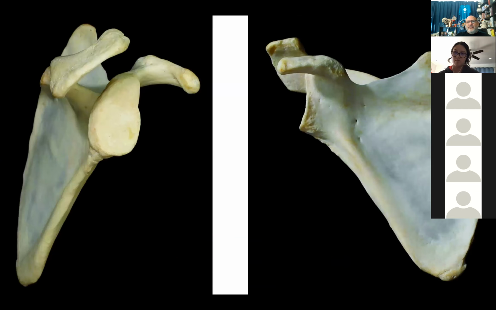On the exam, I could have an arrow point here, and question one could be identify the muscle that originates from this bone feature, be specific, or identify the muscle that inserts into the bone feature. Just like I did on the spine, just like I can do on the acromion.